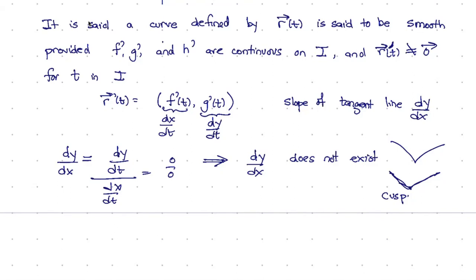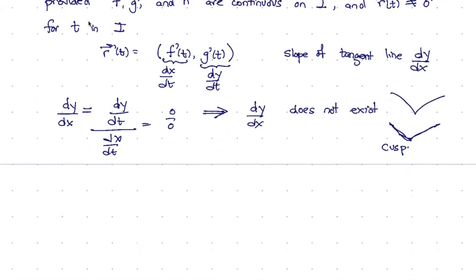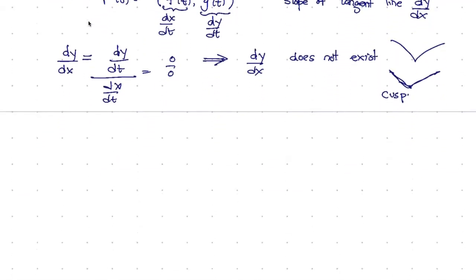So in order for us to be able to determine where a function is differentiable, we need to determine where the derivatives are going to be equal to 0, and exclude that particular value.